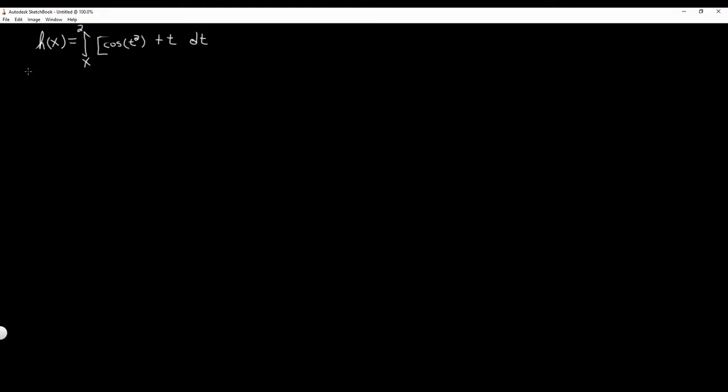So for this one, our x is in the lower limit of integration right here. And to use the fundamental theorem of calculus, you need your variable to be in the upper limit of integration. And we can actually flip the limits of integration by changing the sign of our integral.